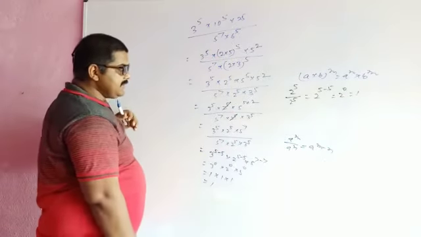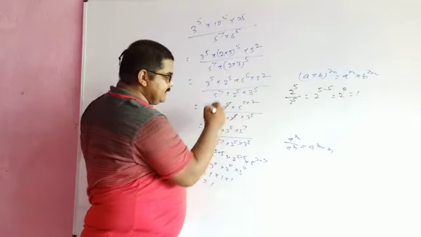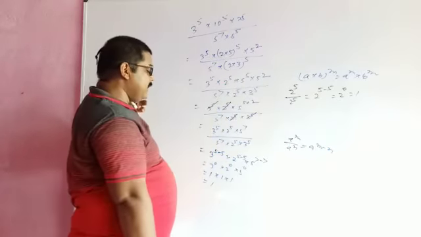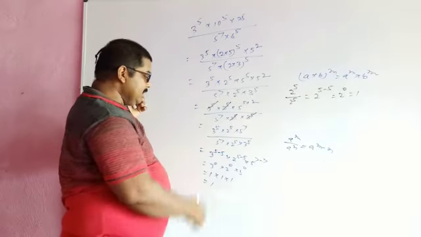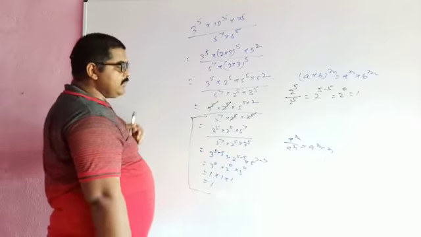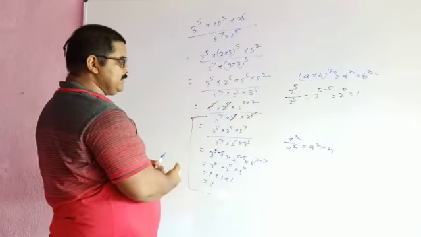So, some teachers apply cancellation at this stage. 3 to the power 5, 3 to the power 5, both are cancelled. Then this calculation becomes very short, and you can solve by this way also.